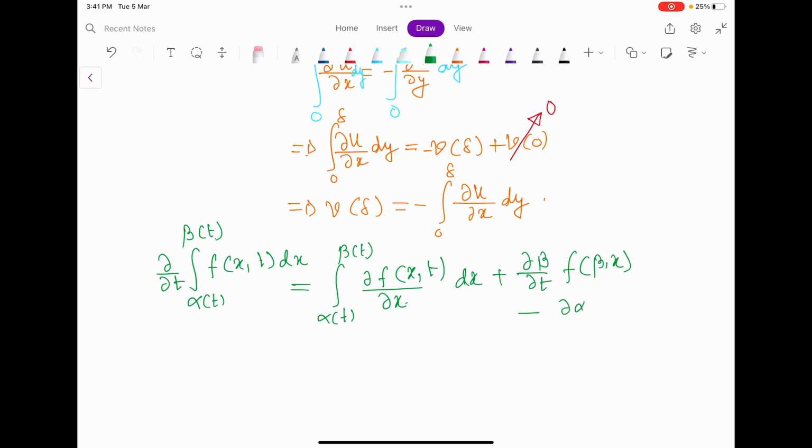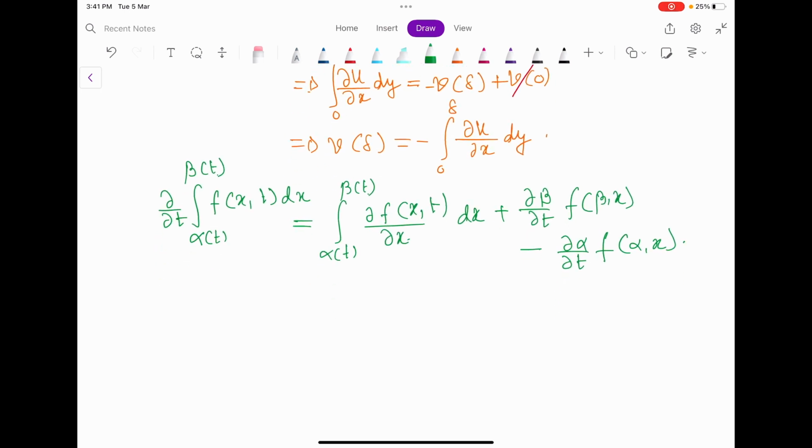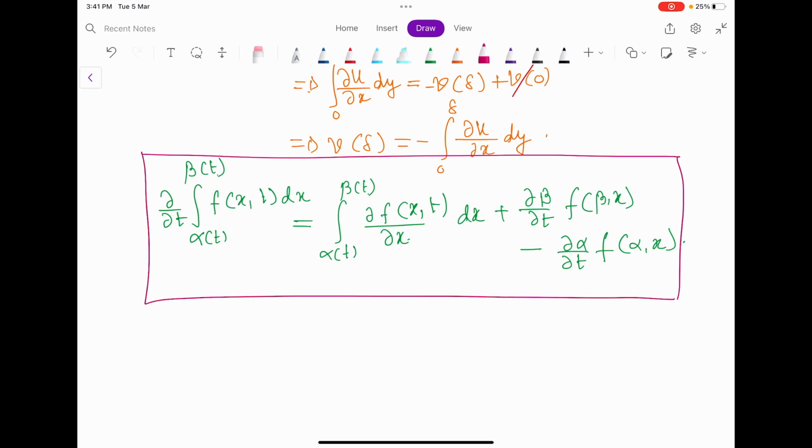Okay, so this is the Leibniz rule, or Leibniz formula.